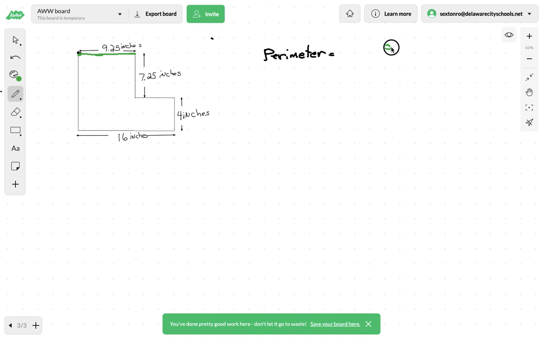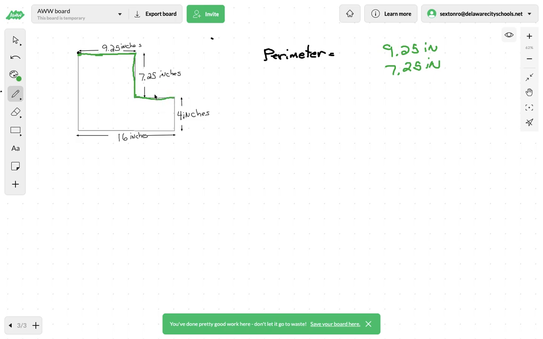So that's 9.25 inches, right? Now if I come down this way, how far is that? There it is right there, 7.25 inches, right? What about across here?